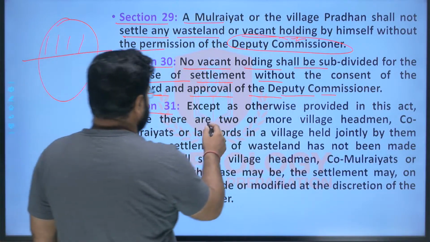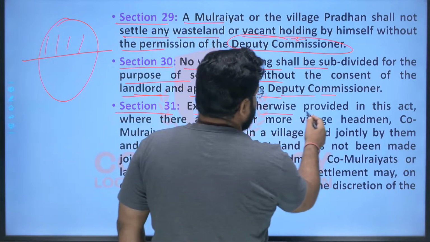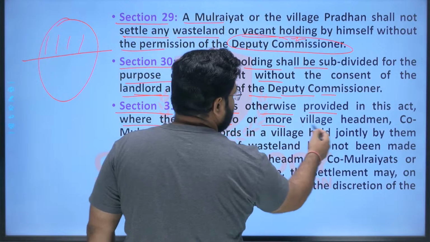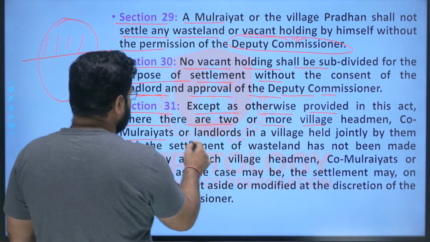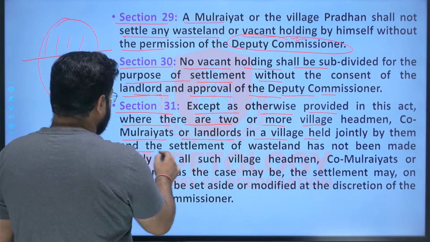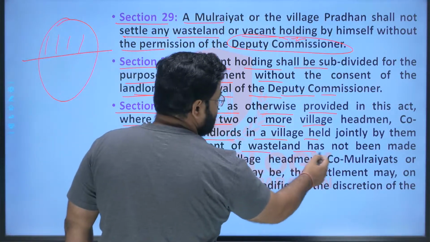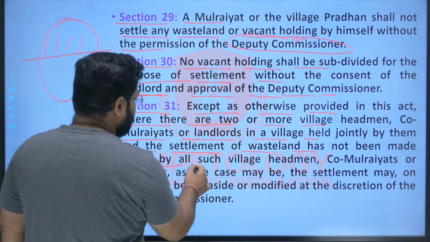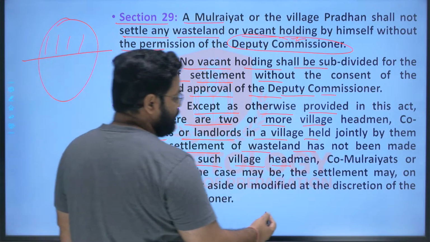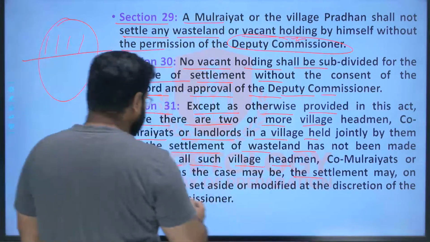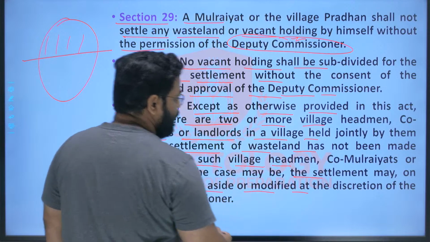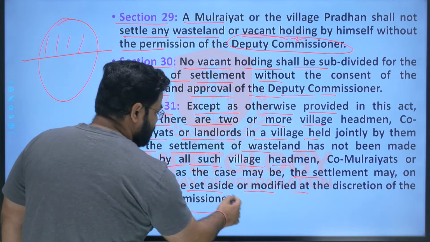Section 31 says, except as otherwise provided in this act, where there are two or more village headmen or co-mool rayat or landlords in a village held jointly by them, and the settlement of the wasteland has not been made jointly by all such village headmen, co-mool rayat or the landlords, as the case may be, the settlement may on objection be set aside or modified at the discretion of the deputy commissioner.